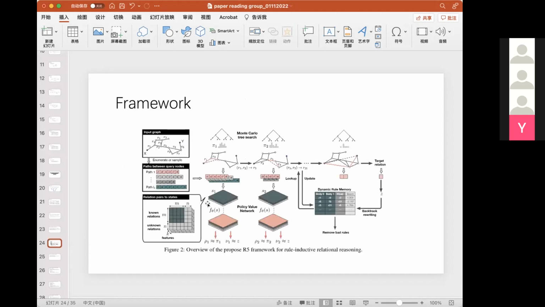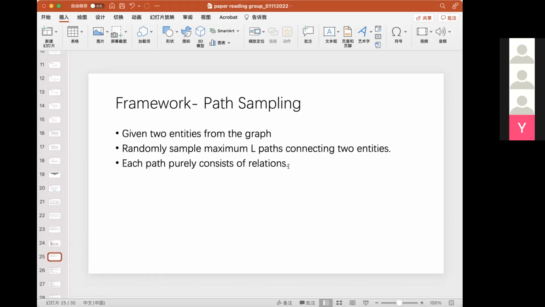After we give the overview of the framework, next we will try to introduce the details of the framework. As we just introduced, the first part of this framework is the path sampling. Given two entities from the graph, we will first randomly sample at most L paths connecting these two entities.